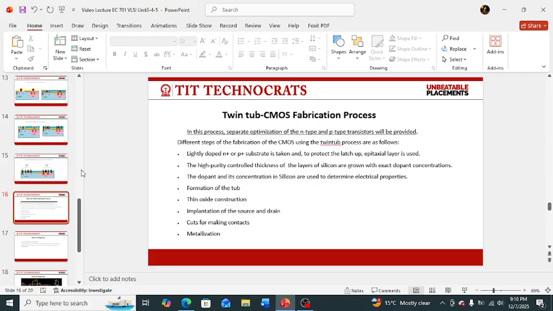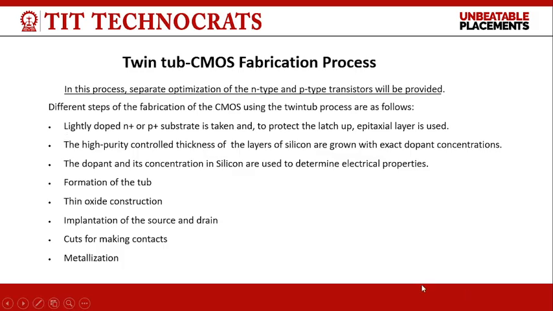Here the second process is the twin tub fabrication process. Now in this process, a separate optimization of the N type and P type transistor will be provided. The different steps of the fabrication of CMOS using the twin tub fabrication process are as follows.